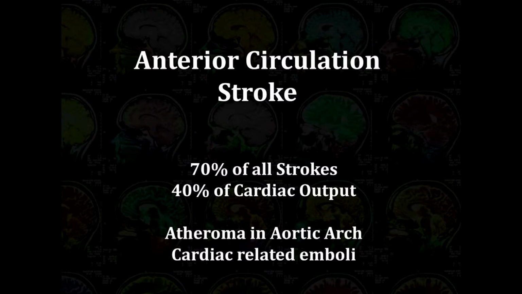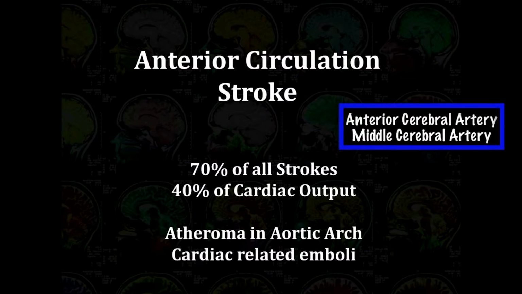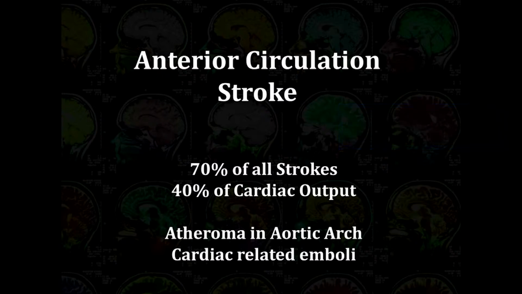So if we focus specifically on the anterior circulation and strokes based on that location, these are the most common. They are 70% of all strokes. And really it's important to understand that the anterior cerebral artery and the middle cerebral artery dominate our cardiac output needs inside our brain, with 40%.